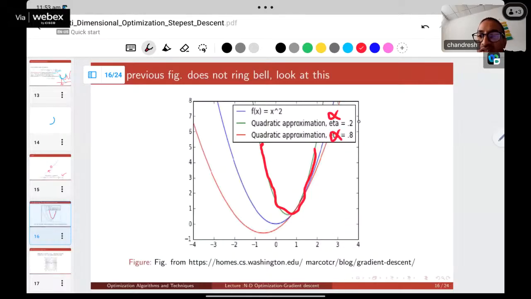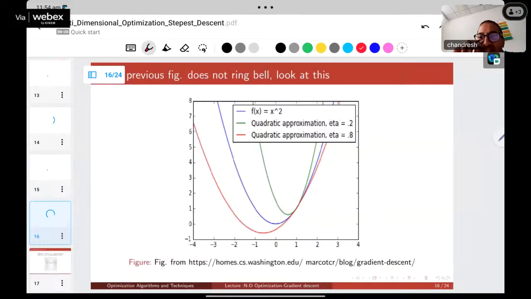If you use a small step size, your quadratic approximation would be this green curve. If you use a large value of alpha, your quadratic approximation will be this red curve. Now you see the role alpha plays in the approximation. If you change alpha, the function you are minimizing will be different.